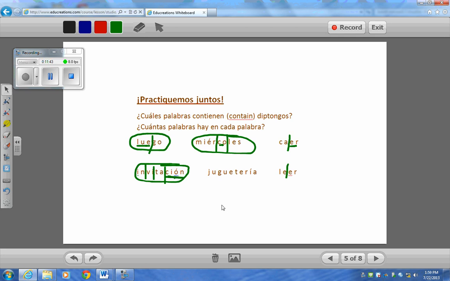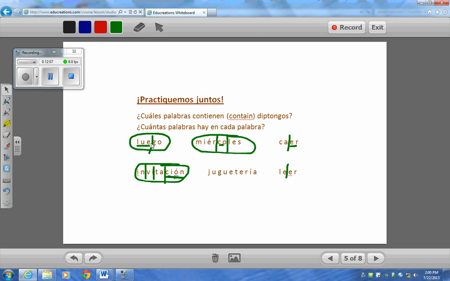Now you might be saying, well, how do you know whether it should be invitación or invitación? I'm not so much worried about exactly where you put the dividers, as long as you are not breaking a diphthong where you shouldn't be, and if you need to break a diphthong, that you are doing that. In other cases, I'm not so much worried about it.